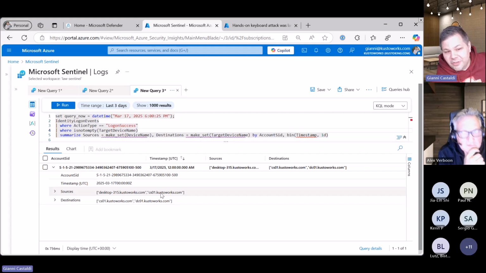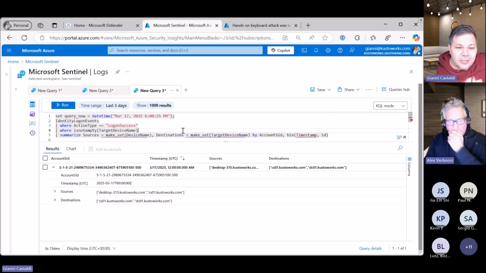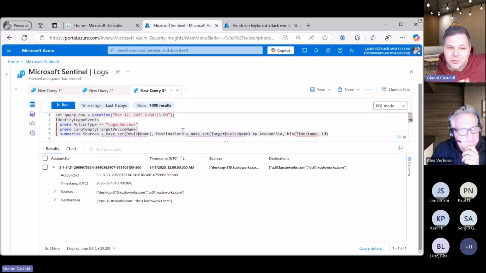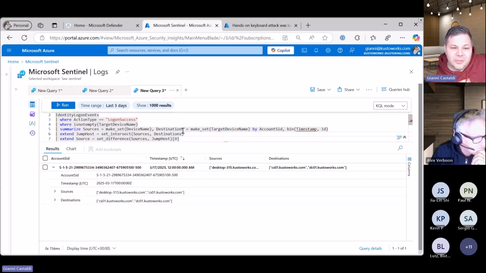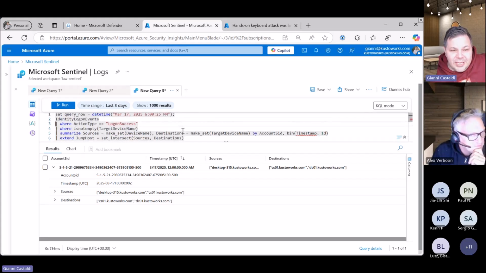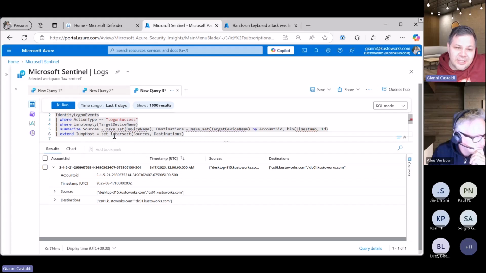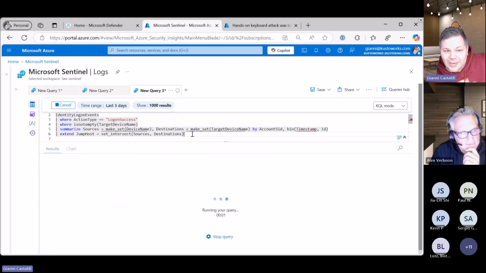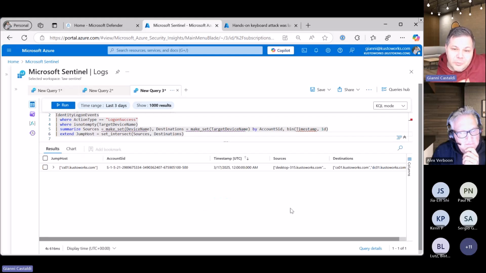In this case, the certificate server was in the middle, so that's where I started to use the intersect option. I say, my jump host is set intersect between sources and destinations. If you use the operator like this, you get a new column, and from the new column you will see we have the jump host, which was the CS01.